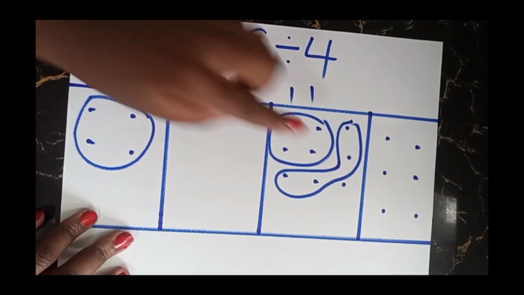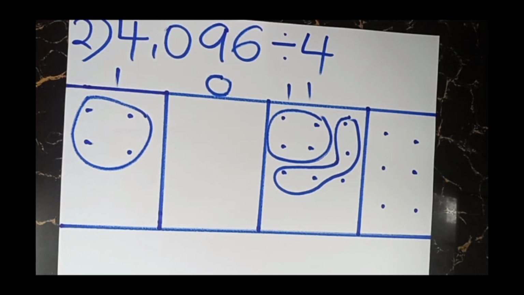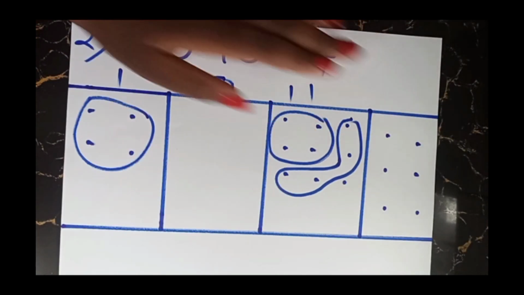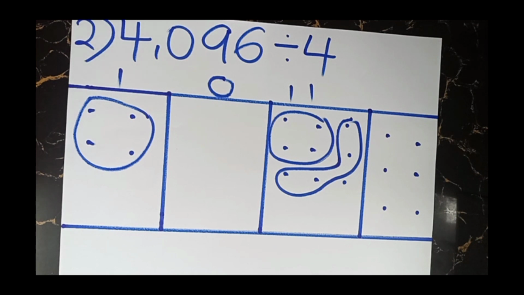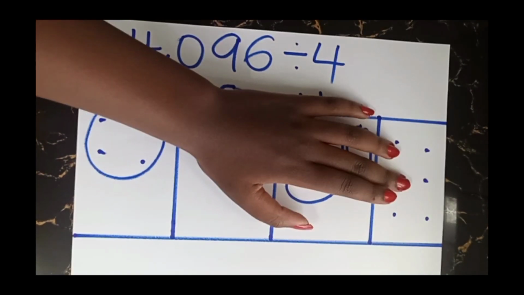Because there's only one dot in the tens place that we haven't touched. So what do we do? We know that the tens place is 10 times bigger than the ones place. So that means that we'll move this one in the tens place to the ones place.